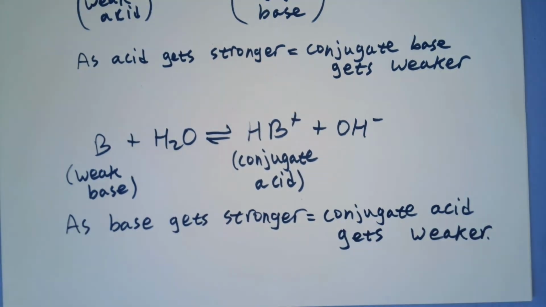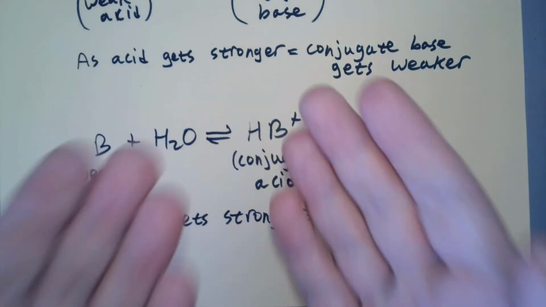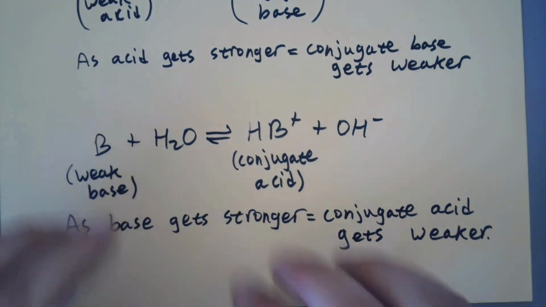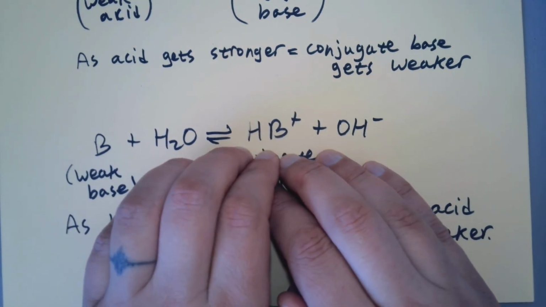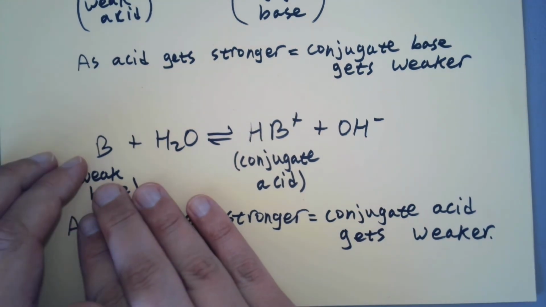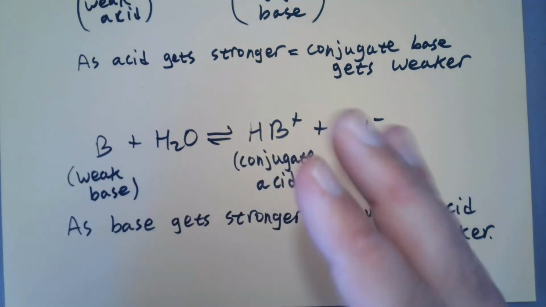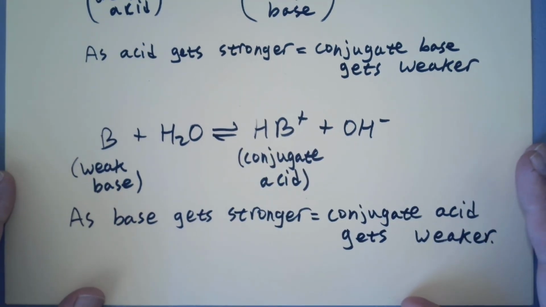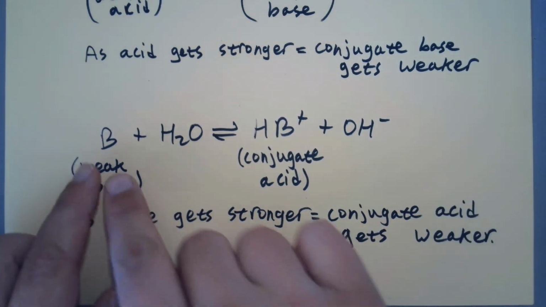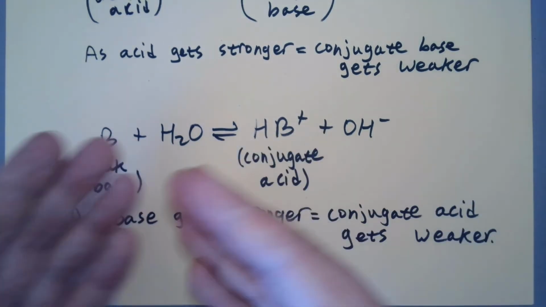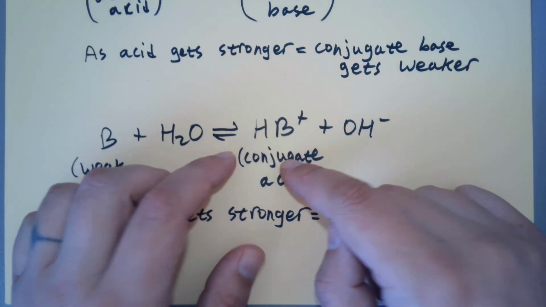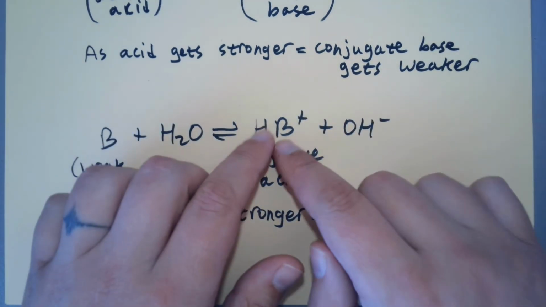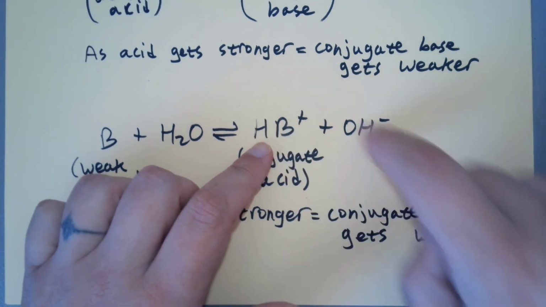Alright, so you just look at where the equilibrium is. If you have a bunch of HB plus, that means that you have a stronger weak base. I know it's weird in the language, just bear with me. So you have a weak base that is relatively strong, which means that this conjugate acid is going to be very weak because it's not going to be donating H pluses very easily.